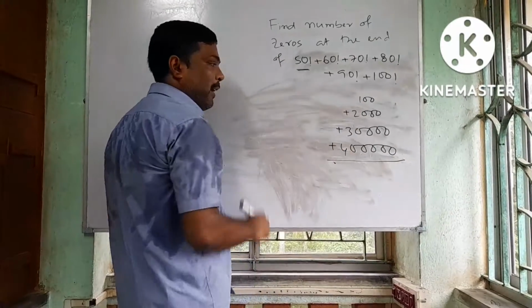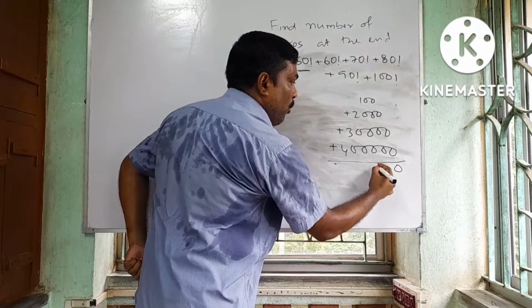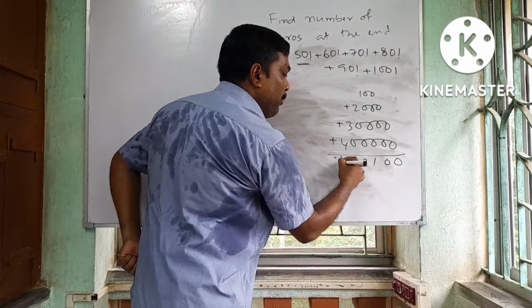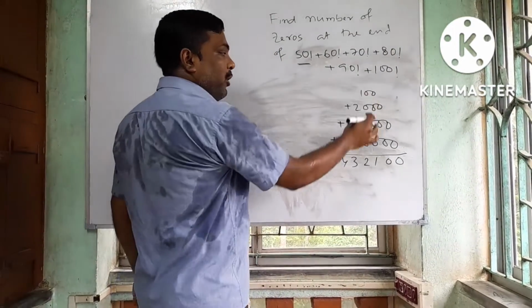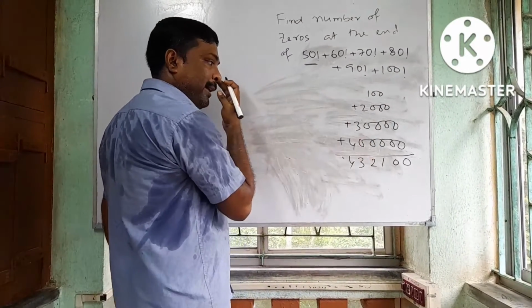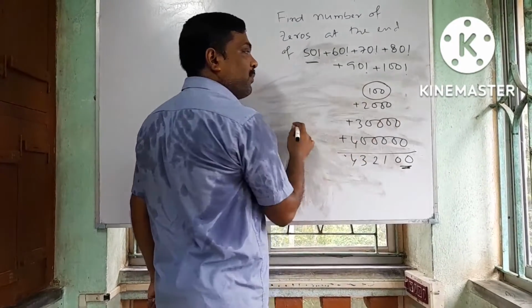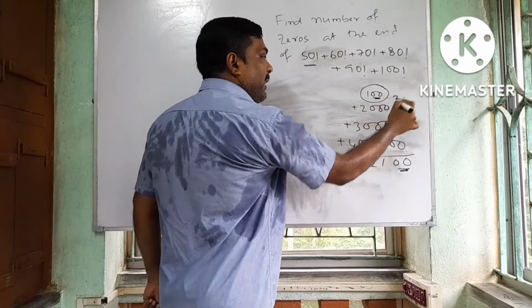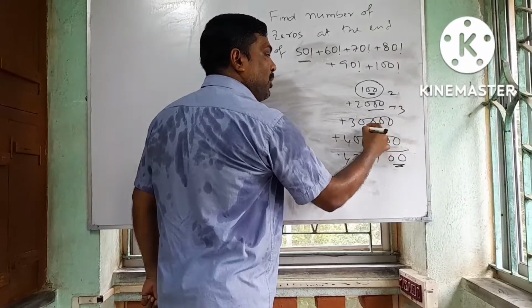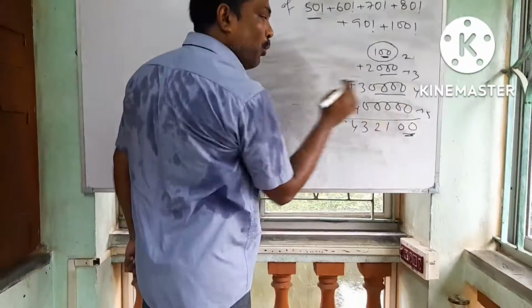Just calculate this sum. At the end of this sum, 100 plus 2000 plus 30,000 plus 4 lakhs, the number of zeros is 2, because of the smallest term. The terms have 2, 3, 4 and 5 zeros, so the minimum is 2.